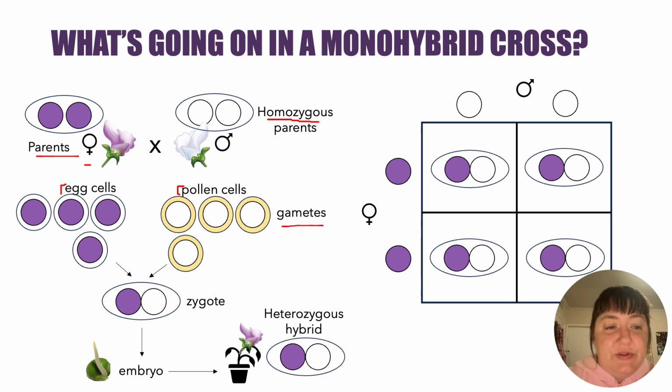Anyway, when the egg cell joins with the sperm cell during fertilization, that forms the zygote, which eventually will become the embryo, and then eventually a full plant. And this plant will have 1 copy from one parent and 1 copy from the other parent, so it's said to be heterozygous. So that's the hybrid.